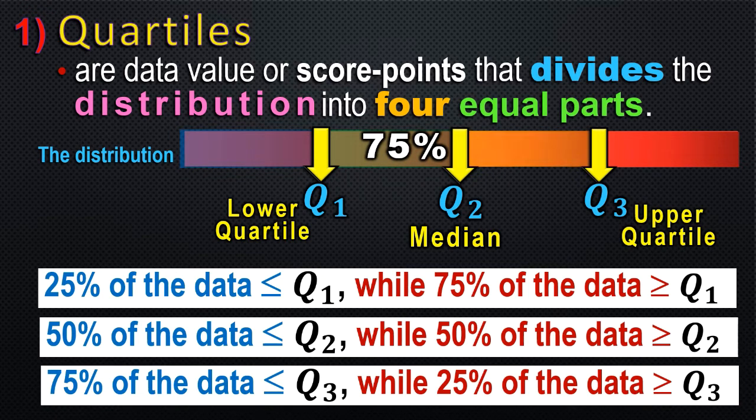And we also have 75% of the data less than or equal to quartile 3, while 25% of the data is greater than or equal to quartile 3.